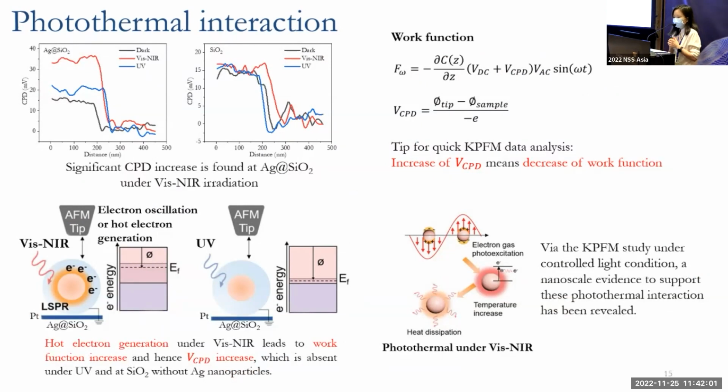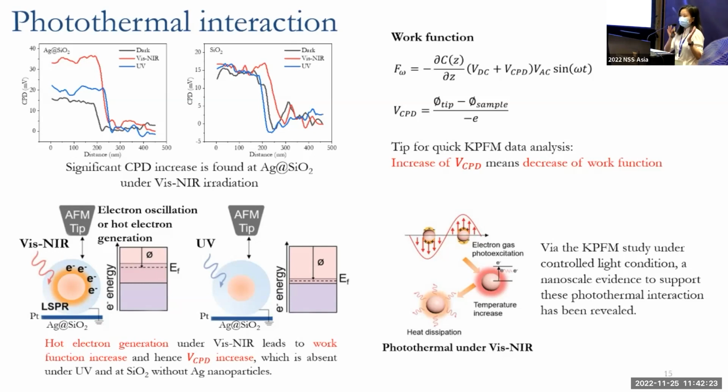The visible light can be absorbed by silver nanoparticles to make electron oscillation or hot electron generation, which will cause the Fermi level to shift upwards and decrease the work function.